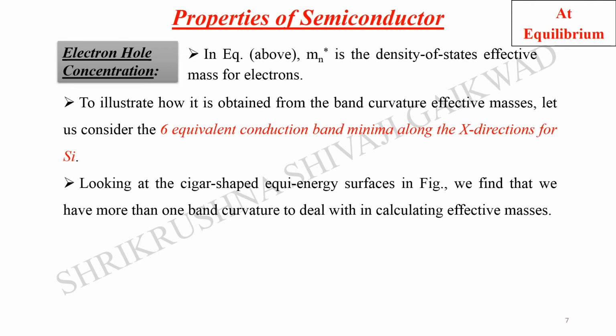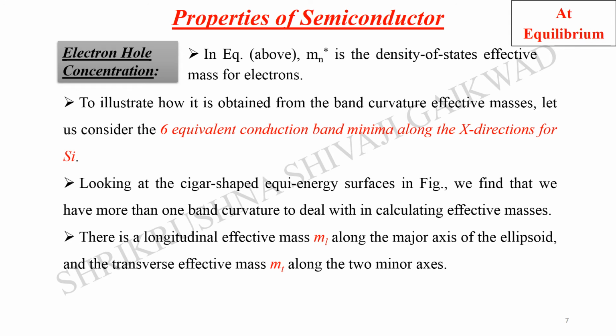Looking at the cigar-shaped energy surfaces in the figure, we find that we have more than one band curvature to deal with in calculating the effective masses. There is a longitudinal effective mass m_l along the major axis of the ellipsoid, and the transverse effective masses along the two minor axes. We have already seen these things in the previous lectures.